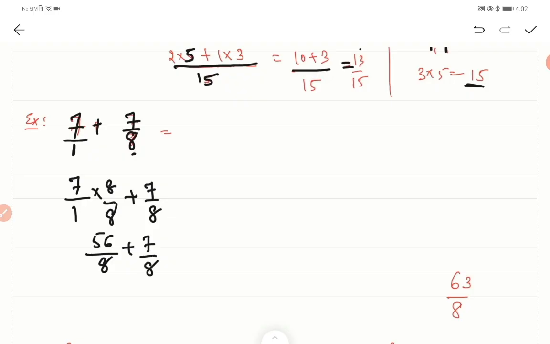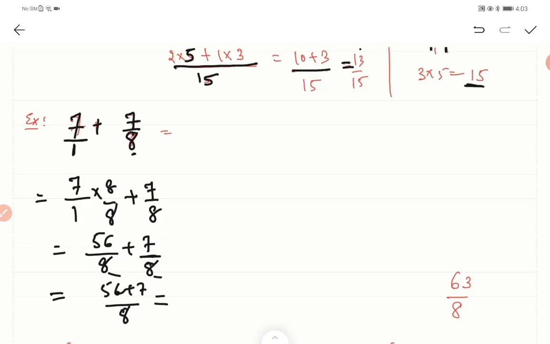So this you can write as 56 plus 7 divided by 8, because the denominators are equal, so it's easy to add now. Just add the numerators. Now this has become like fractions, isn't it?